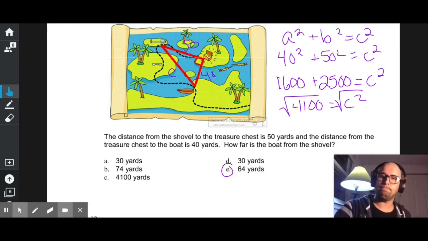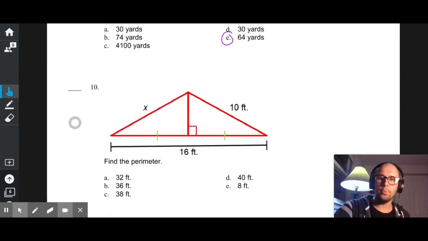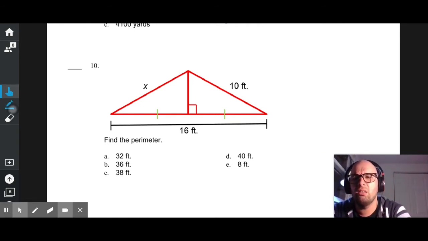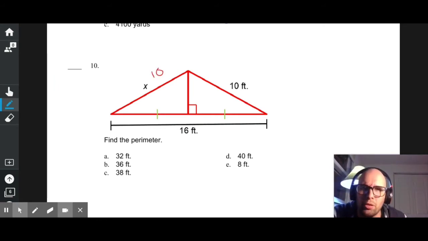All right. Problem 10. Find the perimeter. Wait a minute. It's a poorly worded problem. So let's see. Is this all we're doing where that's just 10? What a terrible, awful problem that I got from another person.